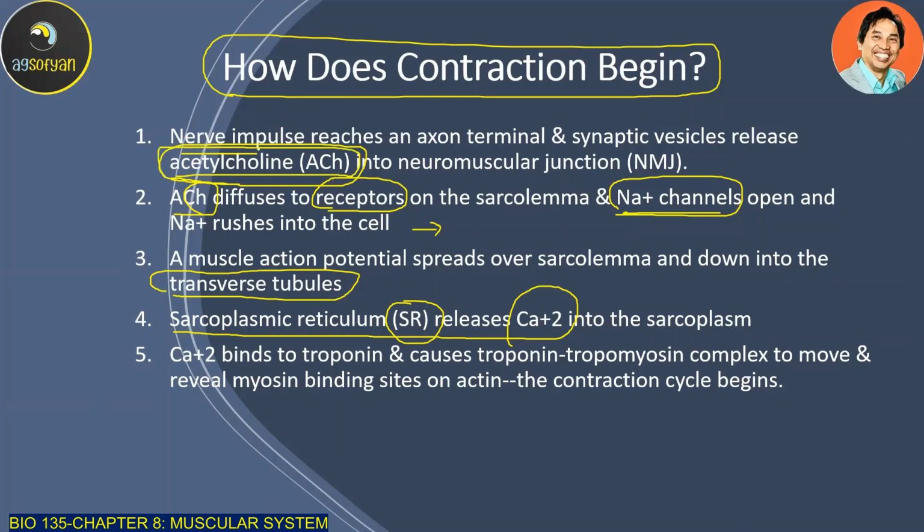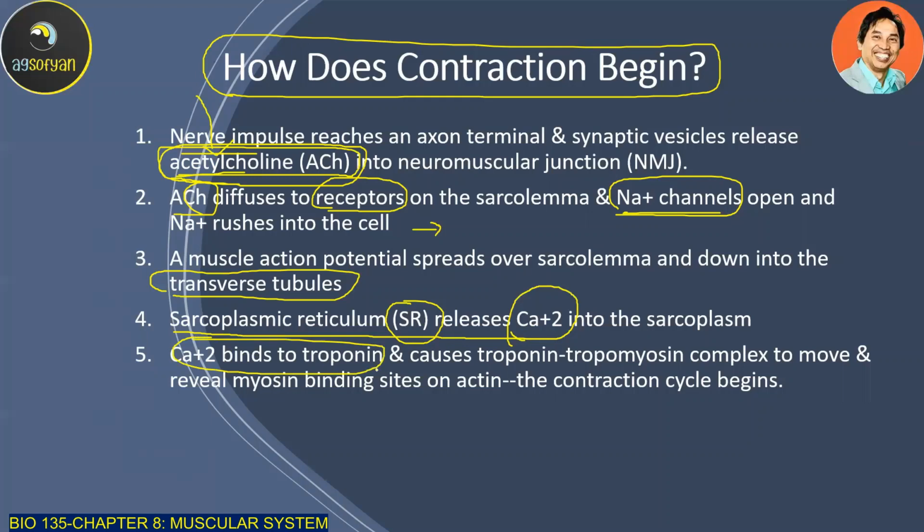So basically, the order of muscle contraction comes from the nervous system releasing acetylcholine. Acetylcholine opens the sodium channel, and sodium enters into the cell. It will trigger the release of calcium from the SR. Then that calcium will bind to the troponin.